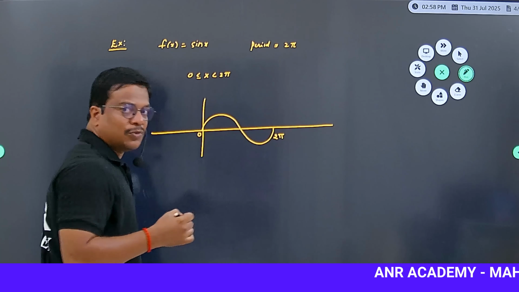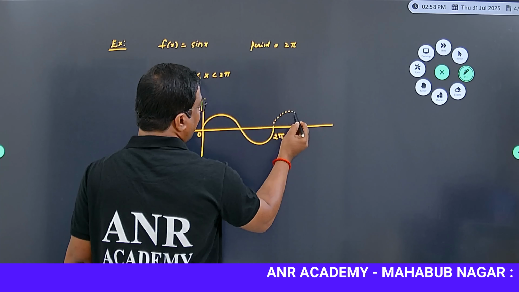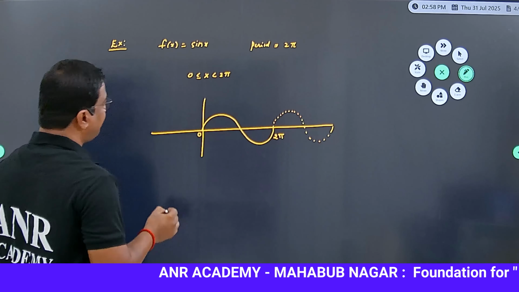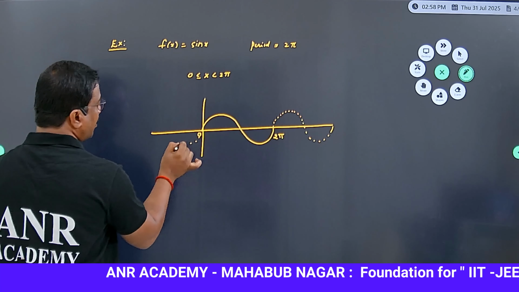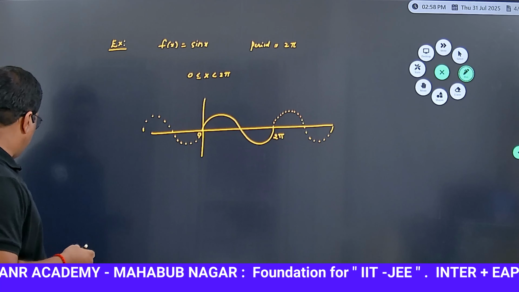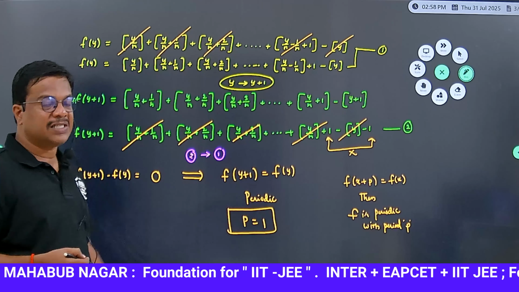And then after 2 pi, the same graph will appear continuously in its domain. The same is applicable here. Here f of y plus 1 equal to f of y, period of the function is 1.